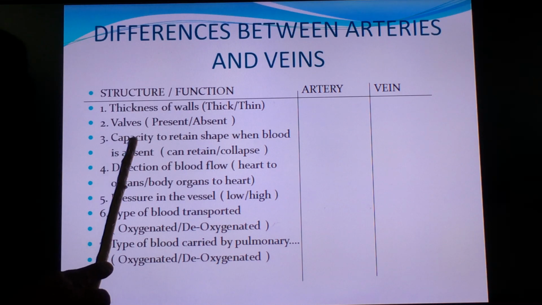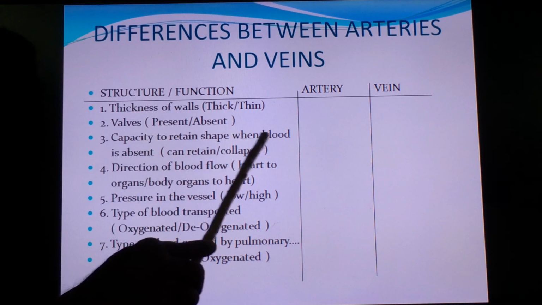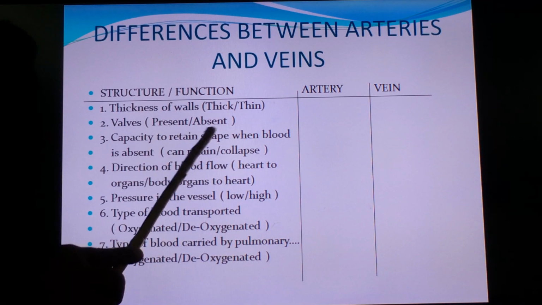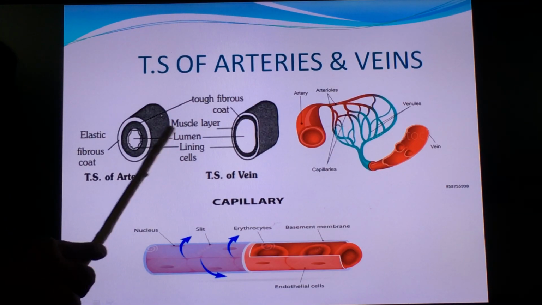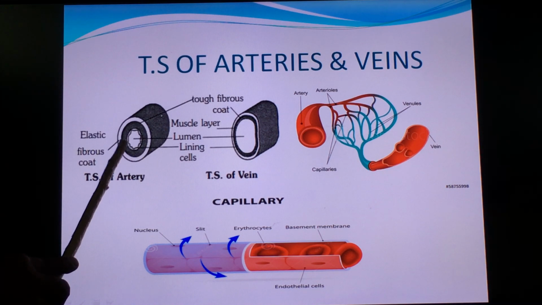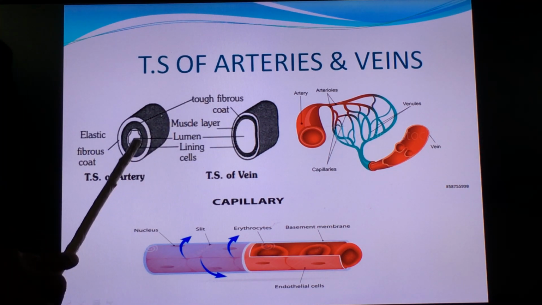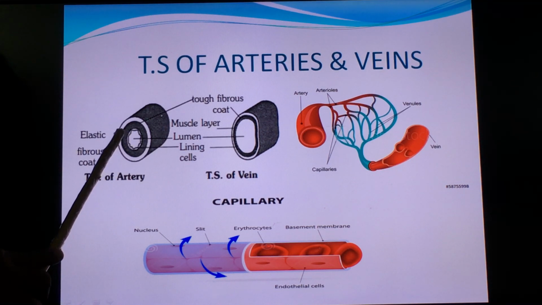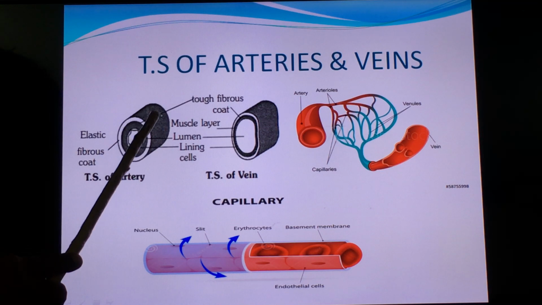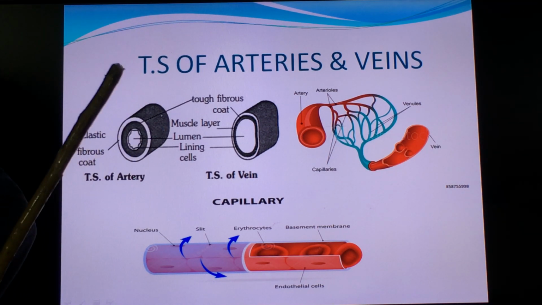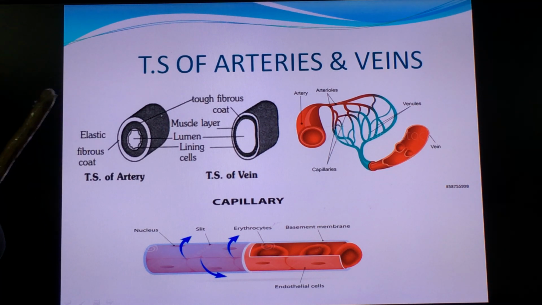Next, capacity to retain the shape when blood is absent: can retain or collapse. In the previous class I explained that arteries have small lumen, veins have large lumen. What is the reason?